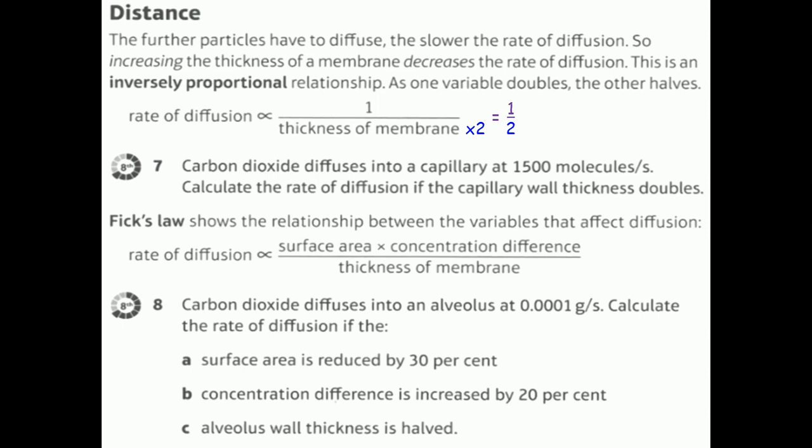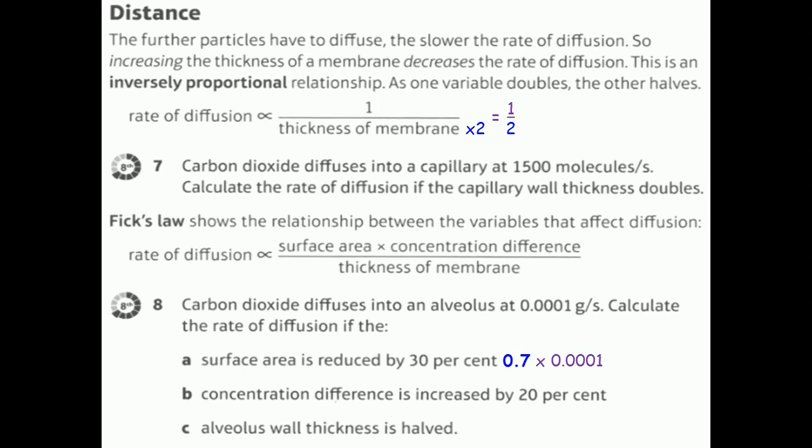So if the rate of diffusion was already 0.0001 grams per second, and it's now going to reduce by 30%, that means it is now going to be 70% of what it was before. In other words, it's just 0.7 times what the rate was previously, because rate of diffusion and surface area are directly proportional. So if the surface area is reduced by 30%, the rate of diffusion should also reduce by 30%.